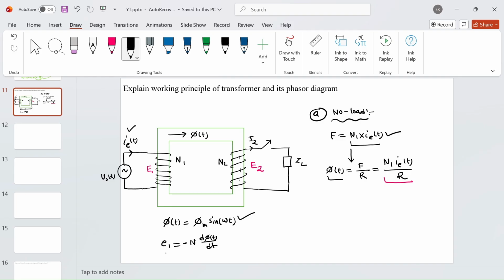So by this notation, I am trying to say whatever voltage will get induced in the primary side will oppose the flow of current through the primary coil, such that the flux production in the core reduces, and the voltage doesn't even get induced in the coil.